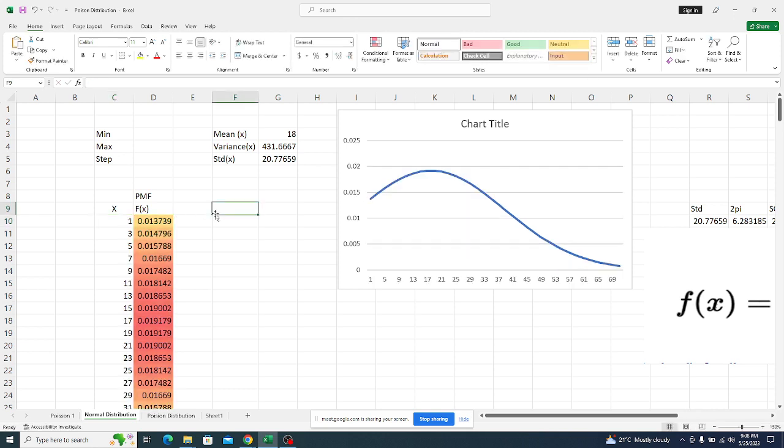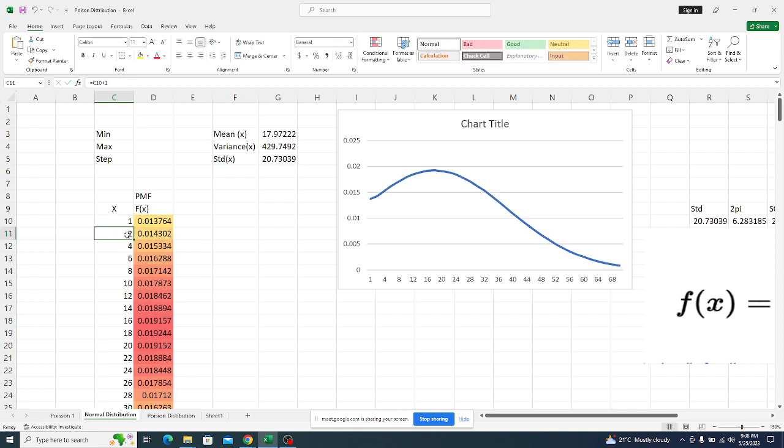What if we start with 1? When we start with 1, you can see the curve is trying to build up to a normal distribution. What if we change the step and say we need a step of 1?